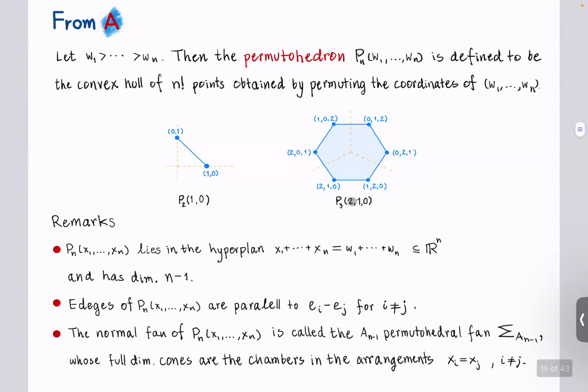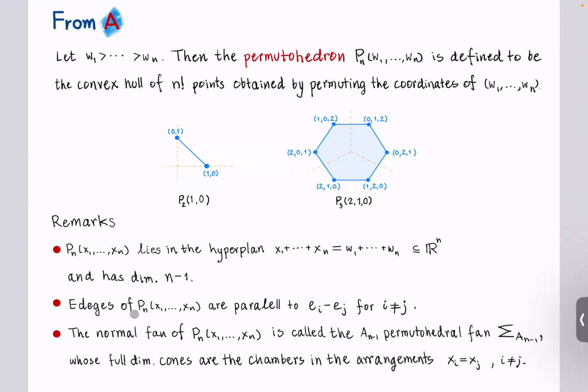Here are some remarks that I want to make. The permutohedron P_n(w1, ..., wn), this is a typo, lies in the hyperplane x1 + ... + xn = w1 + ... + wn in R^n. And this implies that it has dimension n minus 1. So it's not full dimensional.